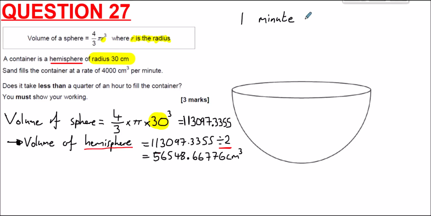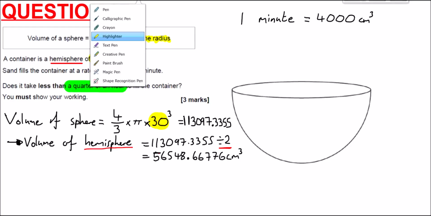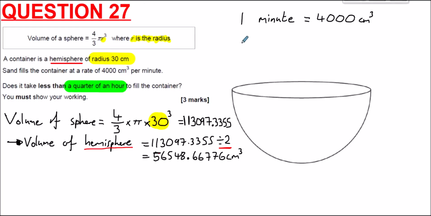So in 1 minute we can fill this much. So in a quarter of an hour, well, how many minutes is a quarter of an hour? A quarter of an hour would be a quarter of 60, which is 15 minutes.